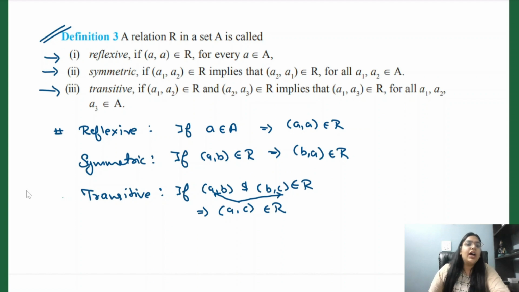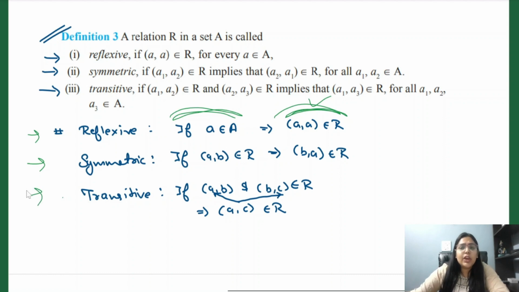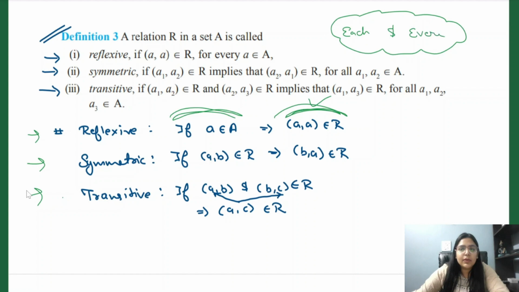Okay, so here I have written it in the simplest way possible. These are the conditions which need to be present, and these are the conditions which we will be proving. If these exist, then we can say it is reflexive, symmetric, and transitive. And if you can remember, I made a cloud and told you each and every one.